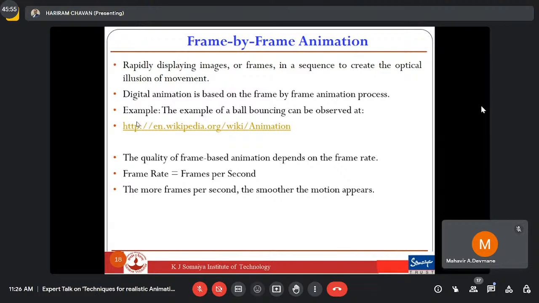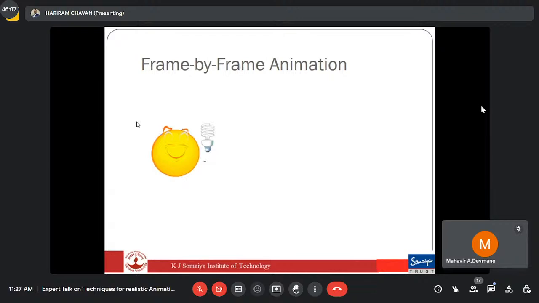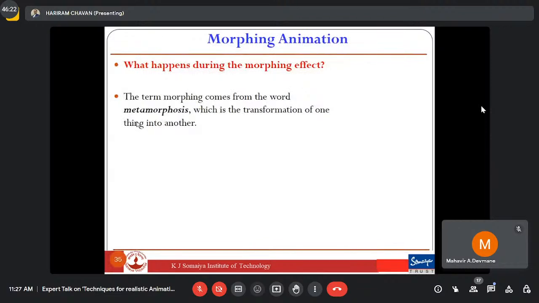Obviously, we need to understand the number of frames per second, and we already talked about when we will get the moving impact, only if you have more than 30 frames per second. So if you want to understand this frame by frame animation, I think this is a good example which I could find on the internet, where immediately you will understand how you are representing, or simulating, the impact of it.